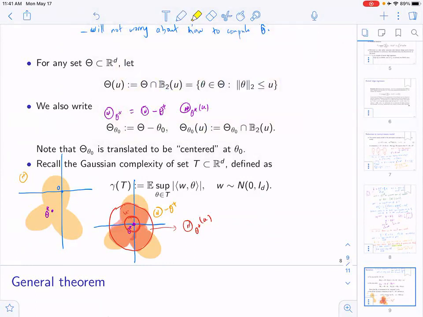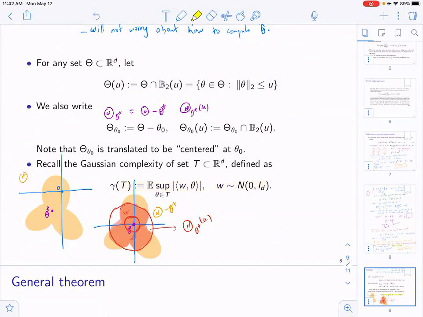There's a very closely related concept in chapter 5, which we didn't go into, and that's measuring the size of the set using a Gaussian process. So define this so-called Gaussian complexity or Gaussian width as I have written here.